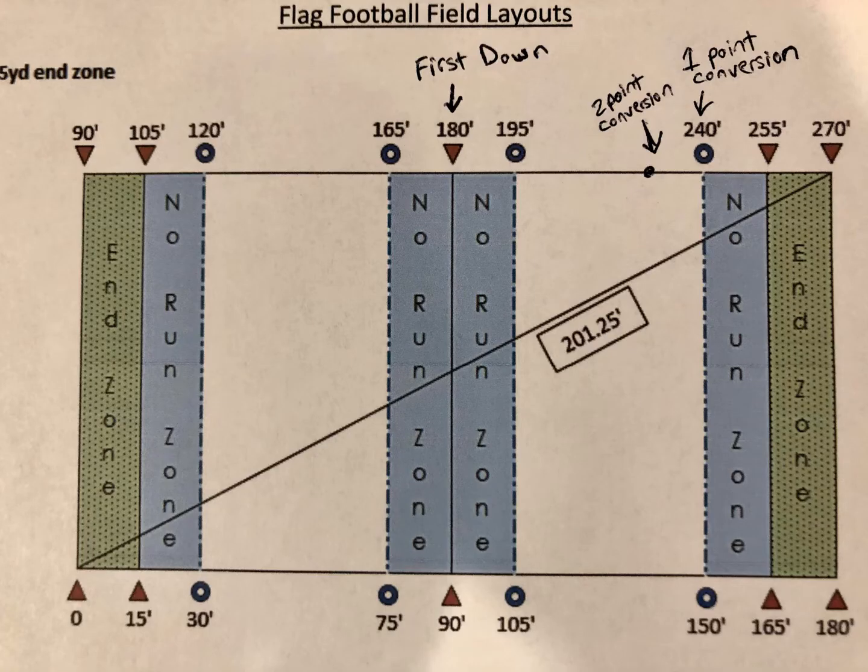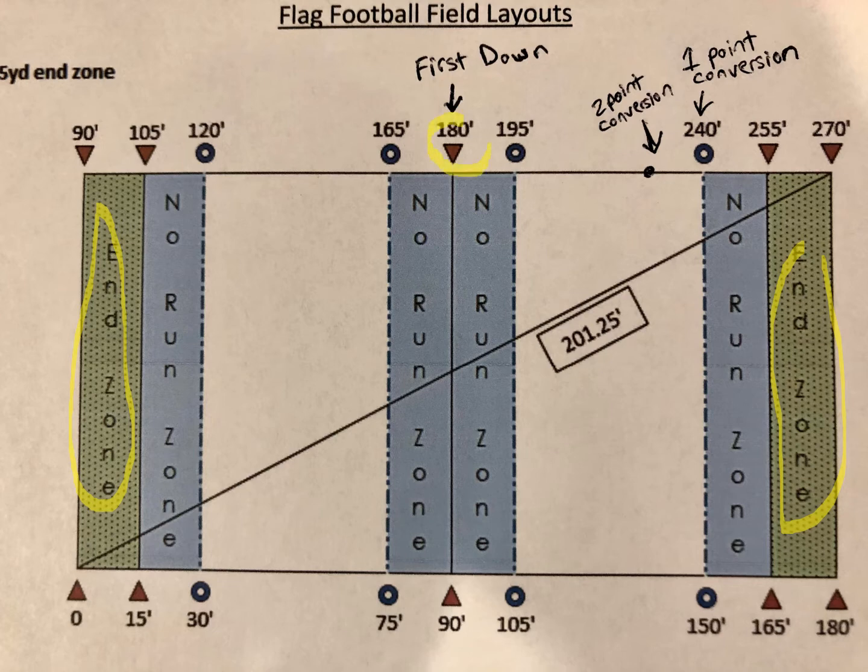All right, so our field layout is similar to a typical football field with the 2 end zones. For Pee Wee, flag football fields may be cut in half and only go one way depending on the venue. But in this game, the offensive team plays for a first down at midfield and a touchdown in the end zone.